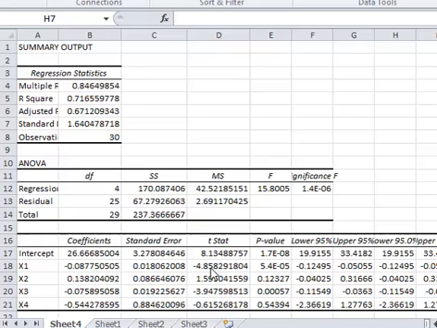For example, the absolute value for x1, the price of the pizza, is 4.85. It's greater than 2. That means the coefficient minus 0.0877 is also true for the whole population, for all the students of all the colleges in the United States, not just for those 30 colleges.